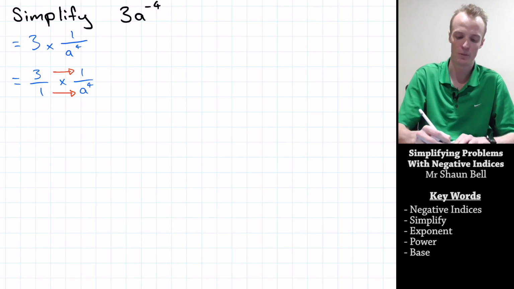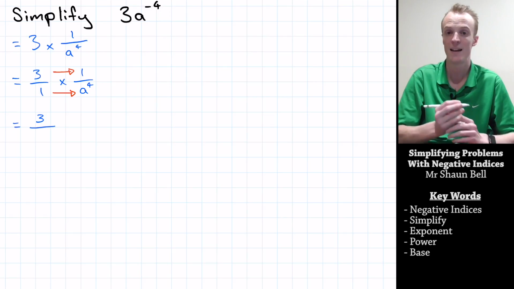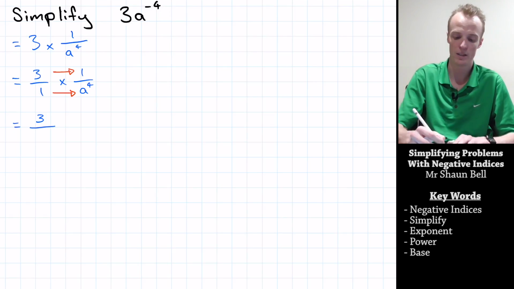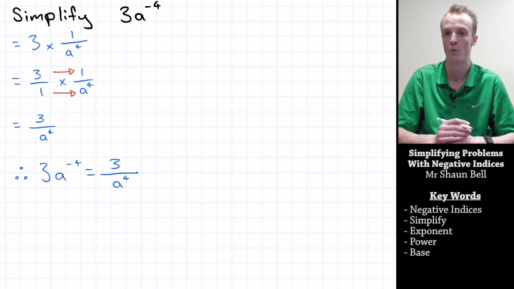So this is going to be equal to 3 times 1, which is equal to 3, over 1 times a to the power of 4, which is equal to a to the power of 4. So what we've discovered here is 3 times a to the negative 4 is equal to 3 divided by a to the power of positive 4.